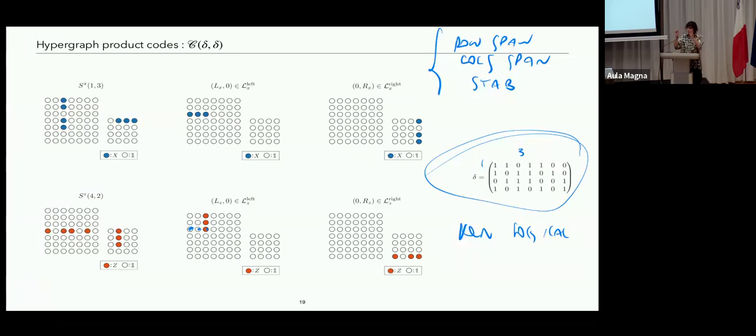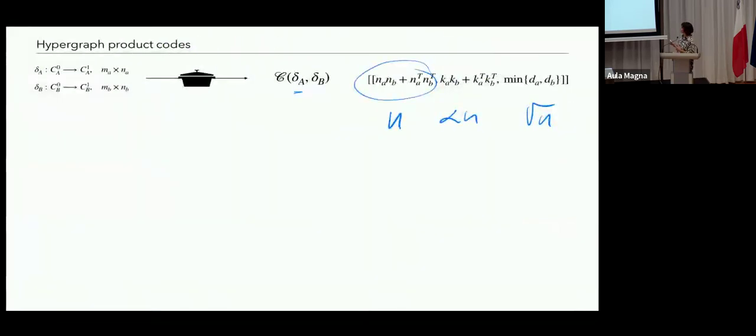I have a square grid of qubits, and each operator is supported only on one line. So the maximum size of that is surely square root of n, more or less. And for the same reason, this gives me a bound on how many of those I can fit in this grid. And it turns out that if you use a good code you have this kind of scaling.